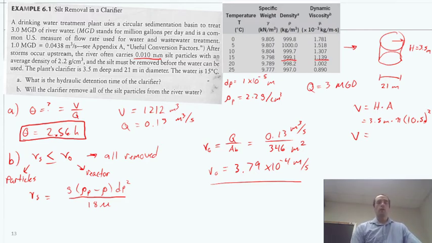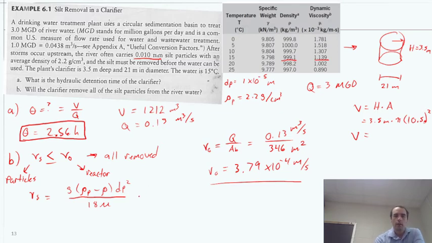You could have accidentally used the diameter of the cylinder, or vice versa, so make sure to keep that clear for these circular sedimentation basins. This is the diameter of the particle, which we said is 1 times 10 to the minus fifth.